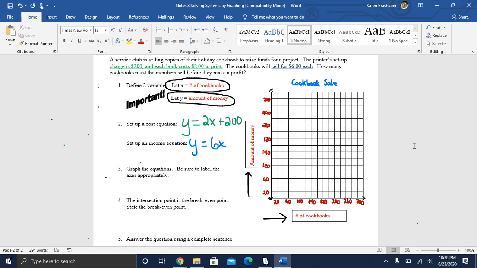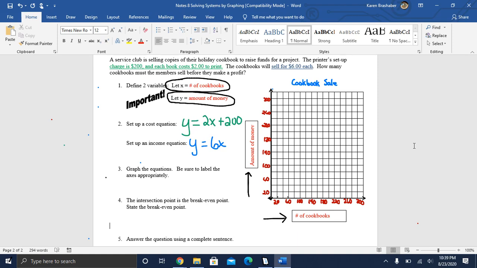You also are going to need to set up a scale. So I made each of the grid bars equal to 20, but I didn't really have room to put 20, 40, 60. So I put it on 20, and then I have 40, but I just didn't write it. And then my next line would be 60.